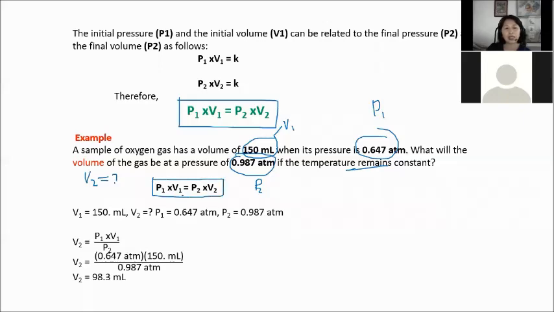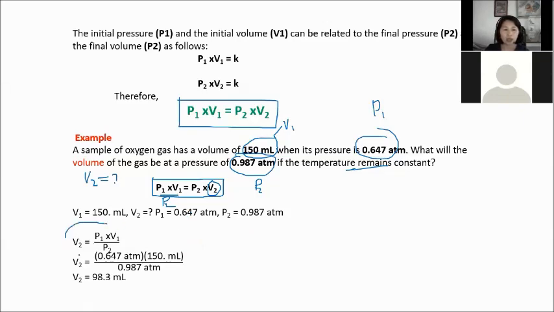This is the mathematical formula ng Boyle's Law. Since given lahat, pahanap si V2, then iwan natin si V2 sa one side ng equation, i-divide natin the left and right side of the equation by P2.